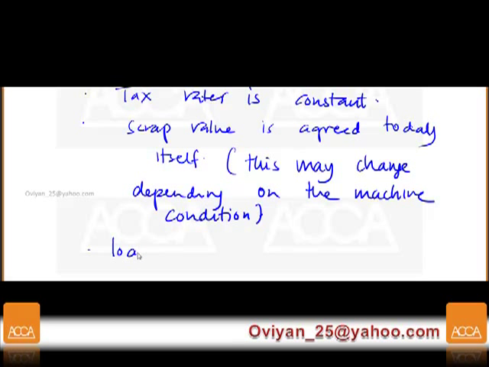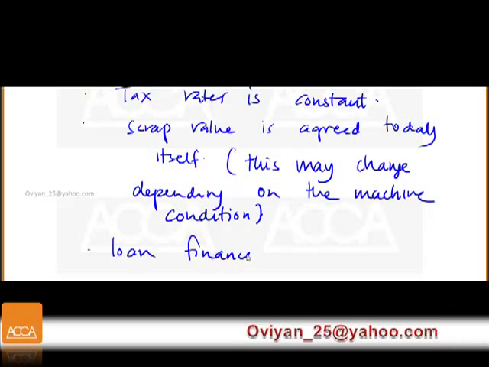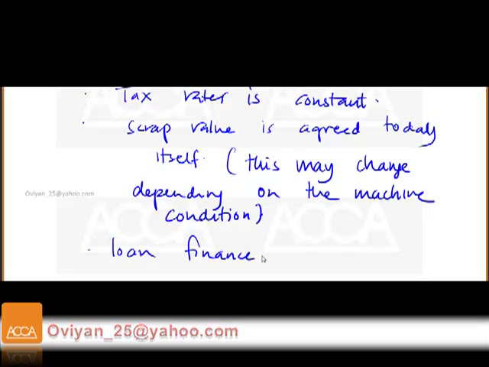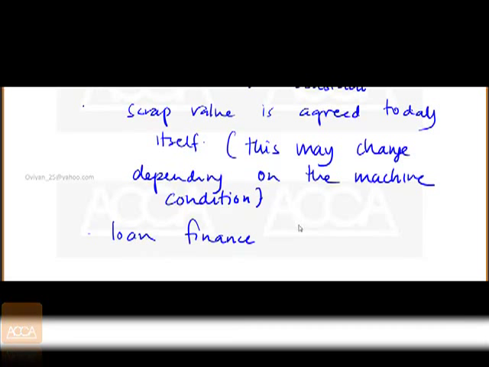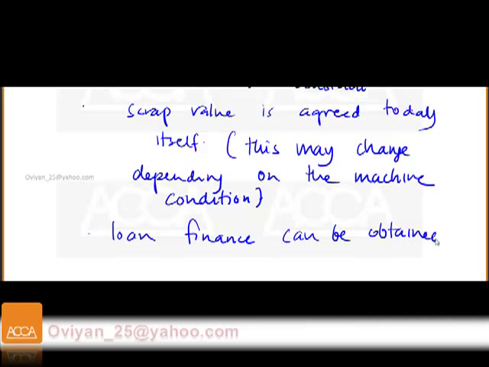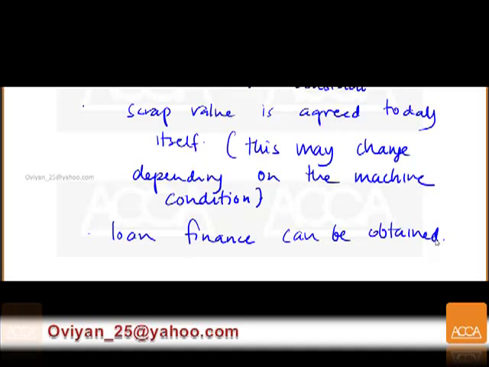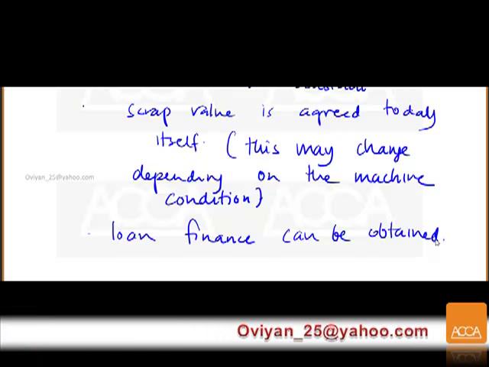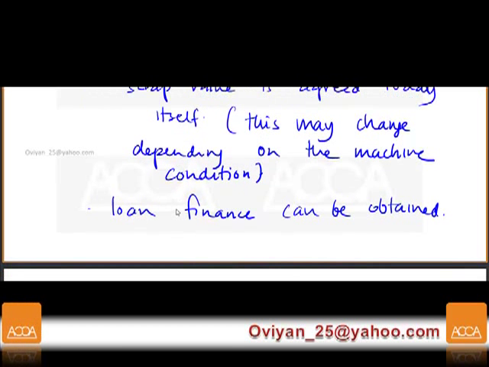Then you're going to say loan finance, which is going to be either a syndicated loan or Islamic bonds. Loan finance can be obtained without issue. This is what we're going to write here for part B of the question. So we have finished part A and part B. Moving on to part C.